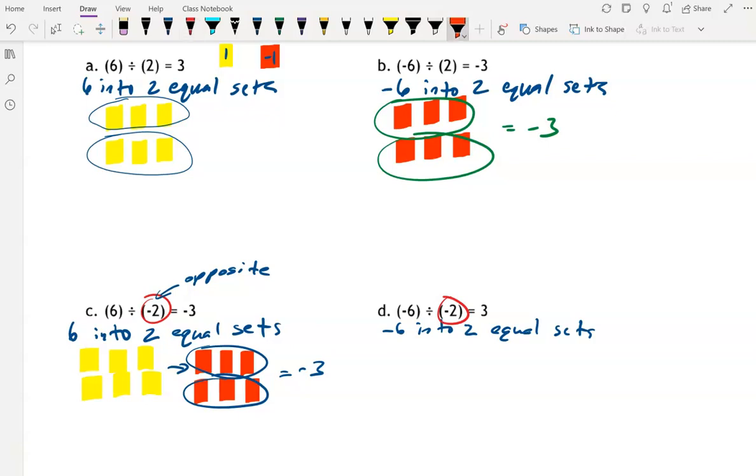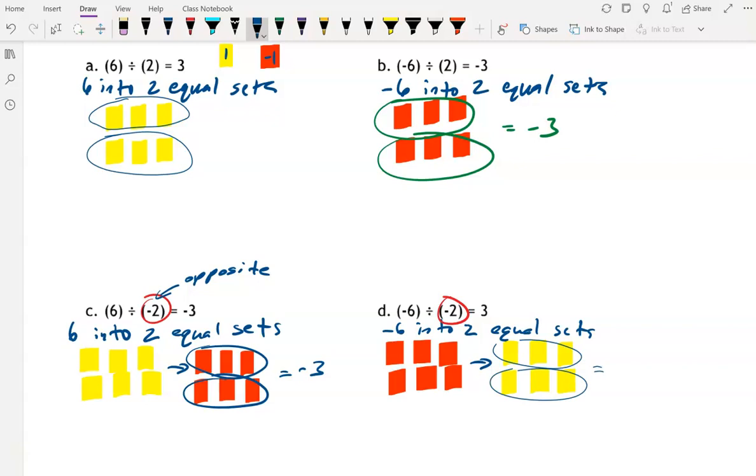So negative 6 into 2 equal sets, and then we take the opposite because of that negative sign in the second number, and so then we are left with 2 equal sets. And how much is in each set? 3. Positive 3.